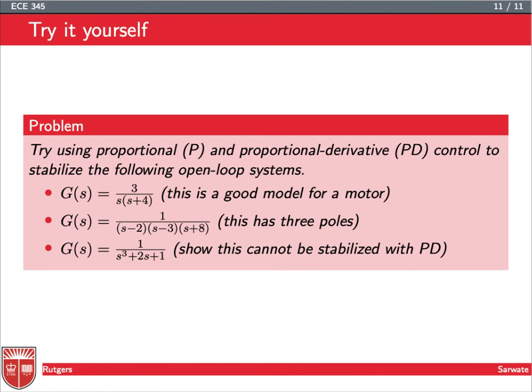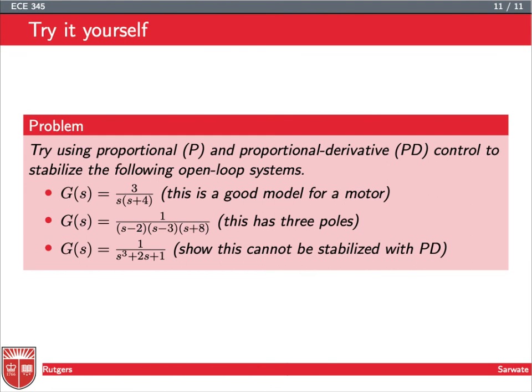So to try things out yourself, you can try using proportional and proportional derivative control to stabilize these open loop systems. The first is an unstable system, which is actually a good model for a motor. You can see that if you look at the book by Fawaz Ulaby in the chapter on applications of the Laplace transform. Then we can try it for a more complicated system, which has 3 poles, 2 of which are unstable.